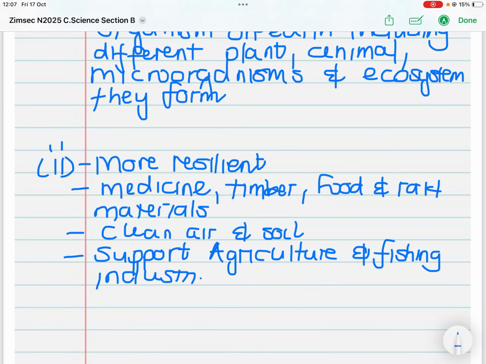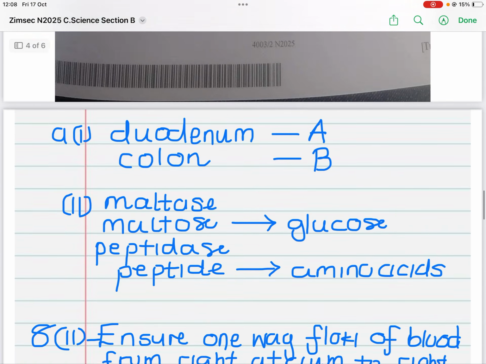So these are some of the advantages of biodiversity. So we said diverse ecosystems are more resilient and can recover better from disturbances. They provide food, medicine, timber, and raw materials, help to maintain clean air, water, soil through the natural processes. It also supports agriculture, tourism, and fishing industries.